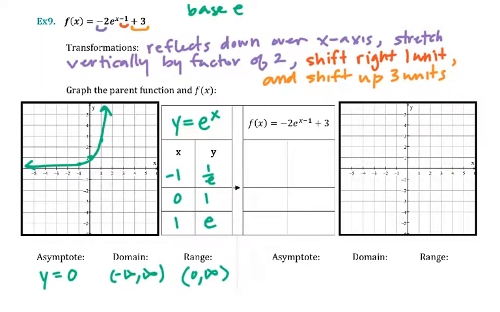So my ordered pairs here for x, I'm going to take that x value and I'm going to add 1 to it. So all of my x's, I would add 1. So negative 1, if I add 1, I get 0. 0, if I add 1, I get 1. And 1, if I add 1, I get 2. My y values, I'm going to take my y and multiply it by negative 2, and then I'm going to add 3.